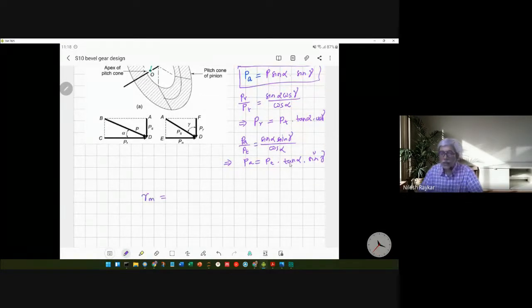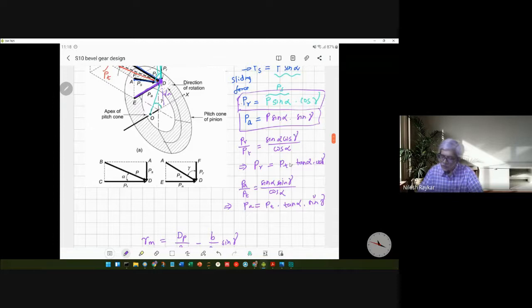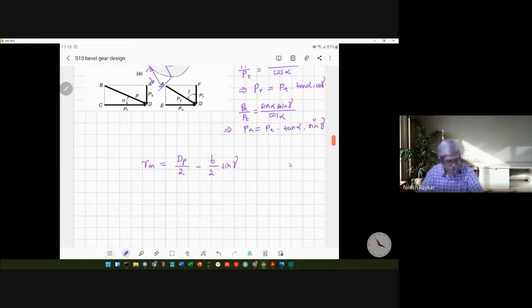So Rm is the mean radius of the pitch cone. That can be given as dp by 2 minus b by 2 sine of gamma, where b is the face width. So this is the dimension b. You can also derive it, it is just based on trigonometry.